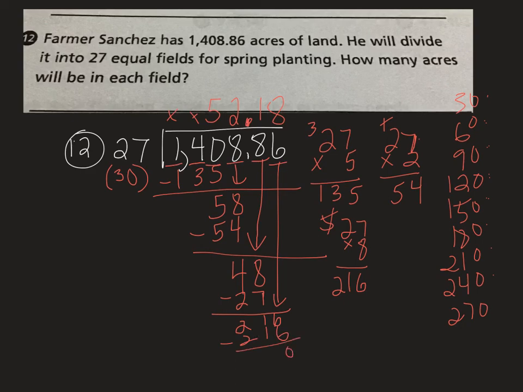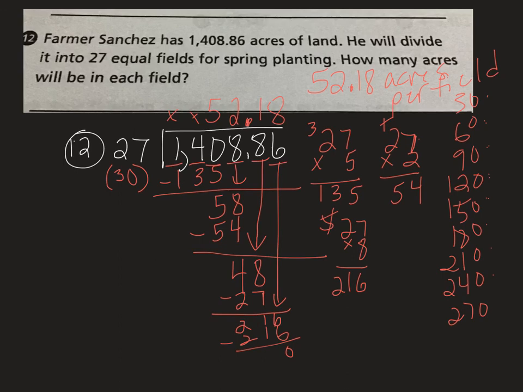And again, I won't have to use that place value 0 to bring down because there's nothing left to divide up. So how many acres will be in each field? 52 and 1800ths acres per field would be that complete answer.